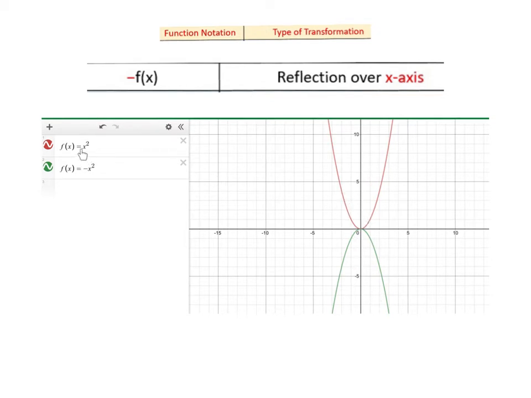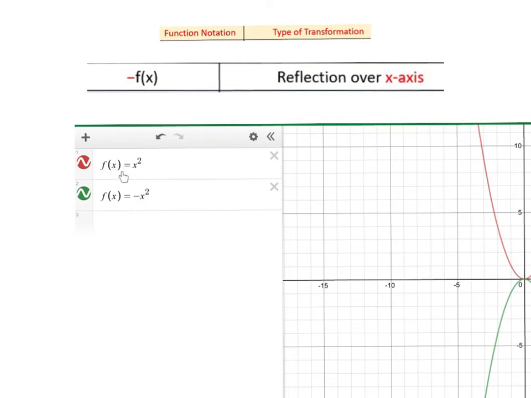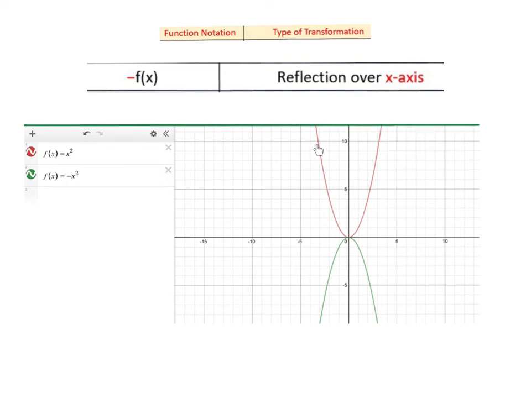So again, if we put a negative outside, let me zoom in, if we put a negative outside of the x here, not in the parentheses, but outside, I don't have parentheses drawn, but outside of the parentheses, it's going to reflect it across the x-axis. So you have the original red, and then it flips over, and you have the new green here.